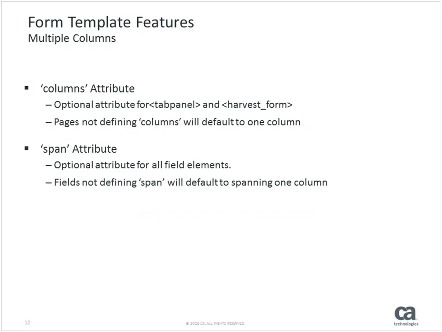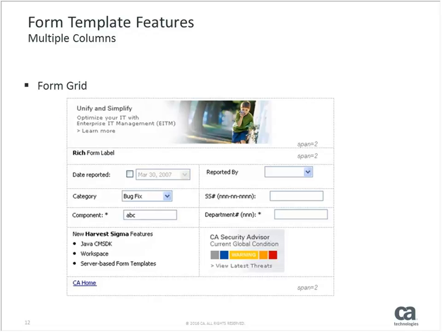The columns attribute gives the Harvest form the option to display how many columns the contents have to be distributed in. Span is for each and every field, and helps decide whether it has to occupy a single column, two columns, or multiple columns. Again, all these things I'll be covering through an example in the demo.